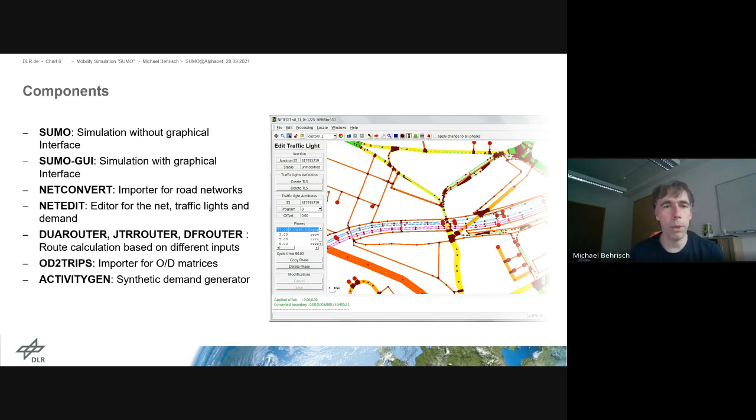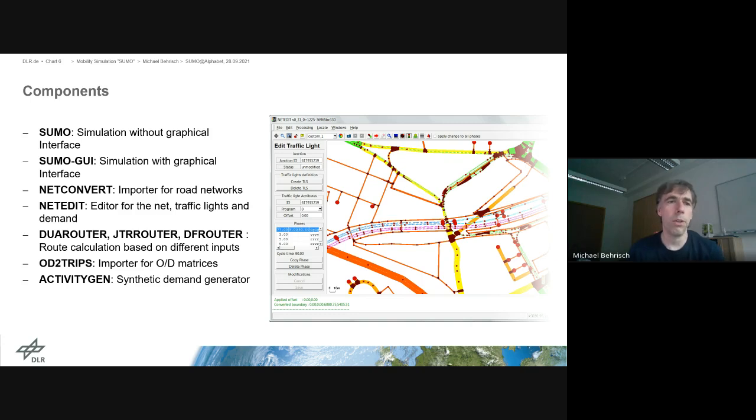So the three mentioned here basically differ on their inputs. You can either do traffic calculation based on OD matrices. So you have regions in your network and want people to move from region A to region B, and the amount and maybe a timeline of this, and want to do a traffic assignment, which does not only shortest path, but more of it, like distributing the traffic in the network.